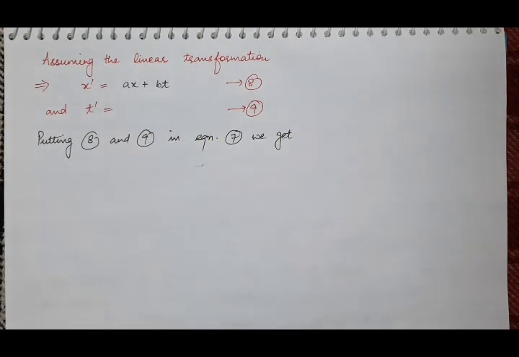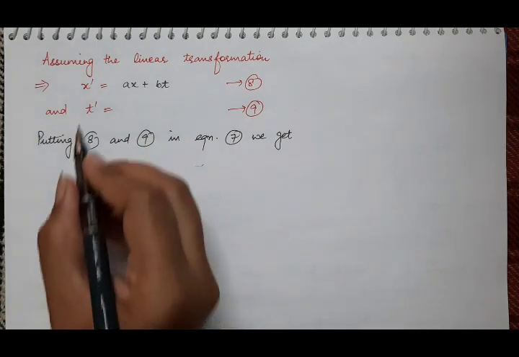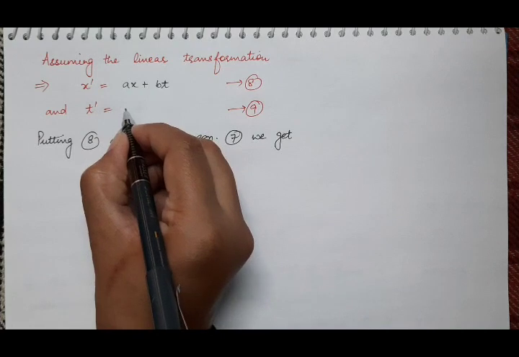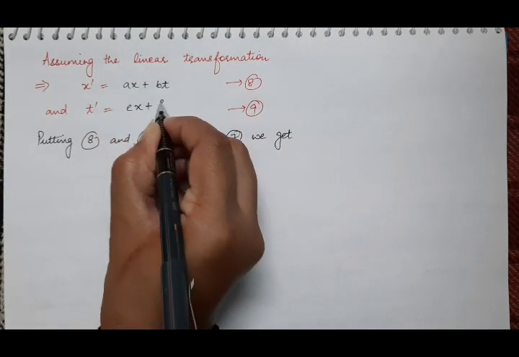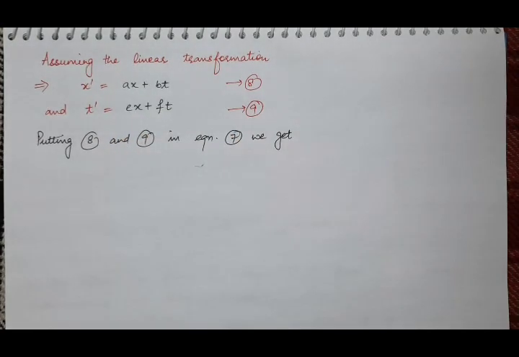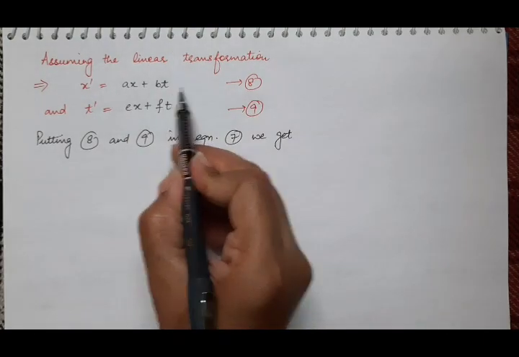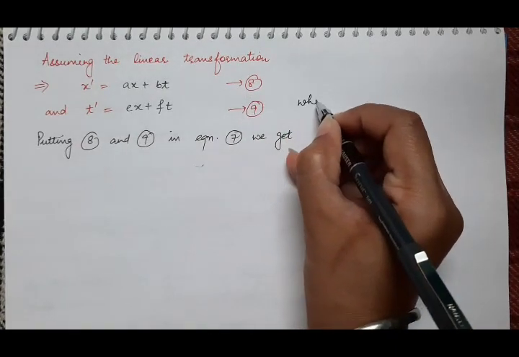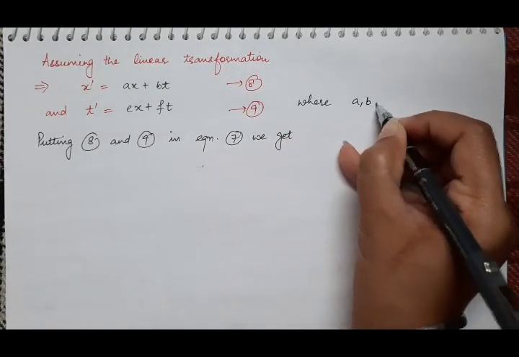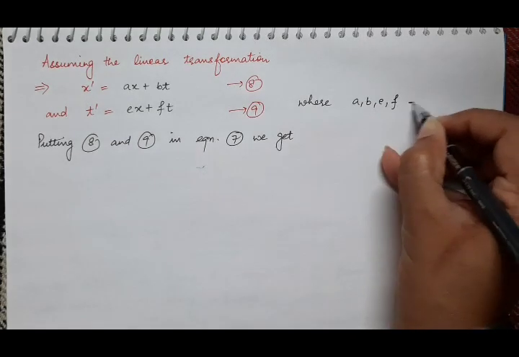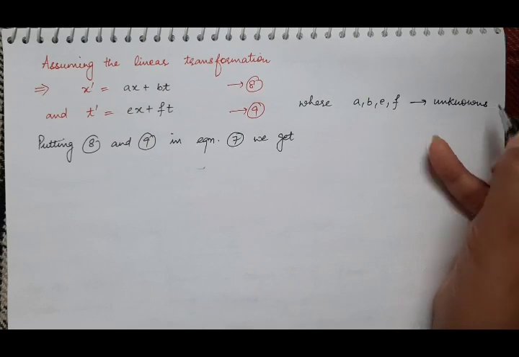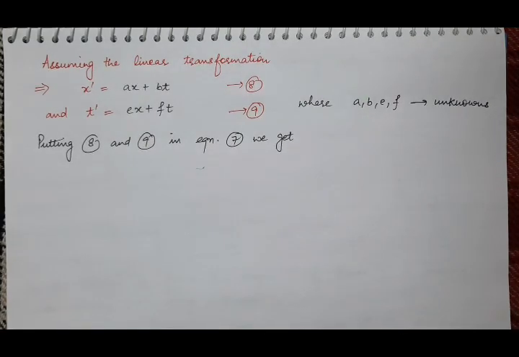Similarly, suppose t dash is again a linear combination of x and t, ex plus ft, where a, b, e, f all four are unknowns. Suppose these two equations are 8 and 9. We have to find the values of these unknowns.